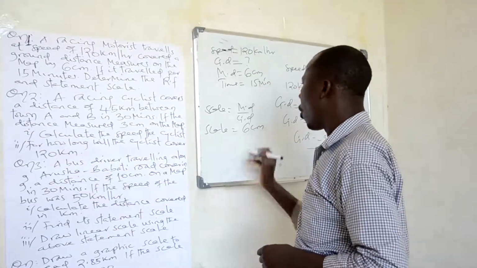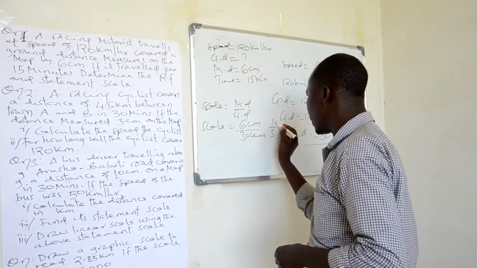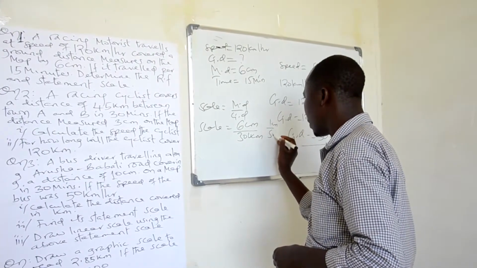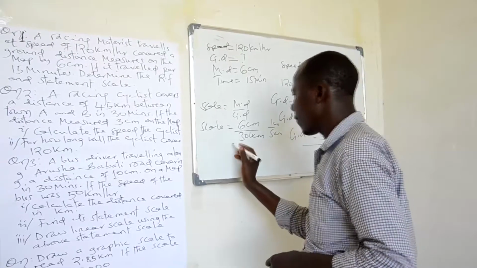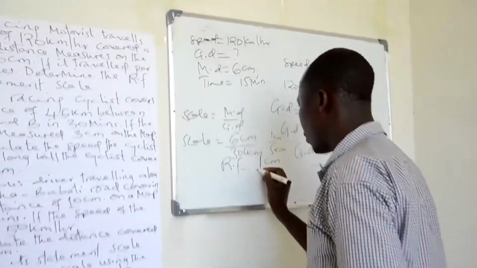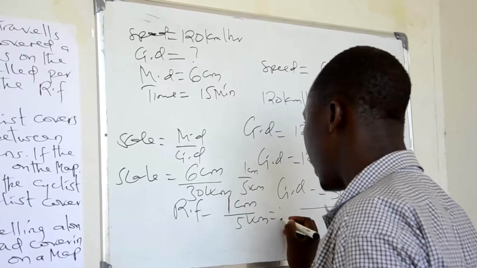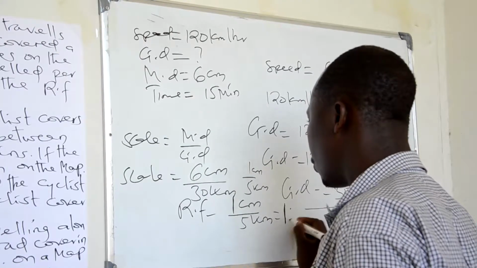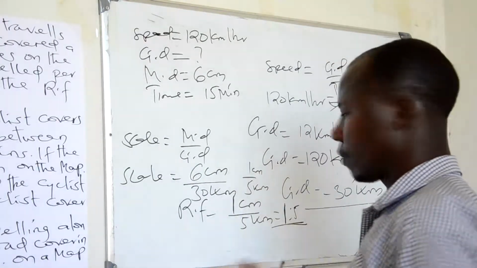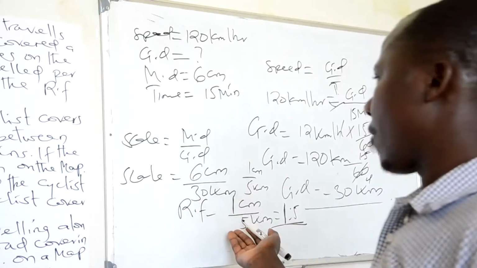By 6 is 5, 1 centimeter and 5 kilometers. Therefore, RF is equal to 1 centimeter over 5 kilometers, which means 1 to 5.